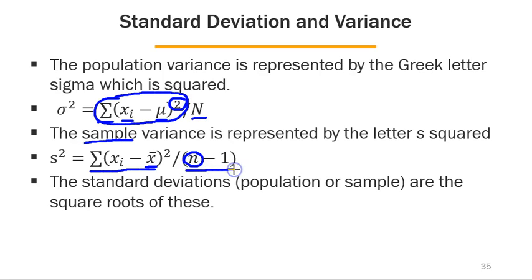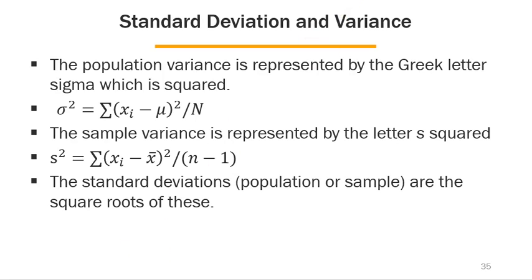That's for reasons that I won't go into in this presentation, but that is the standard way of calculating the sample variance. To get the standard deviation, we simply take the square root of those values, whether we're talking about the population or the sample. So we take the square root of the variance.